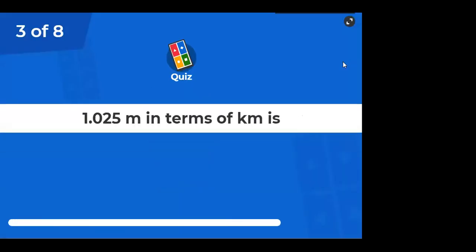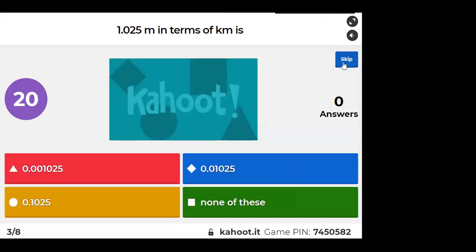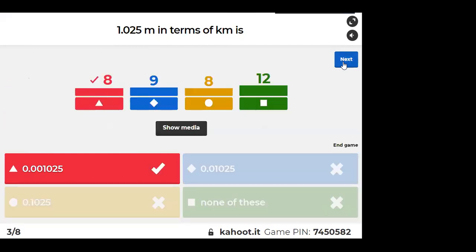One point zero two five meter in terms of kilometer is. Only 8 students are correct.